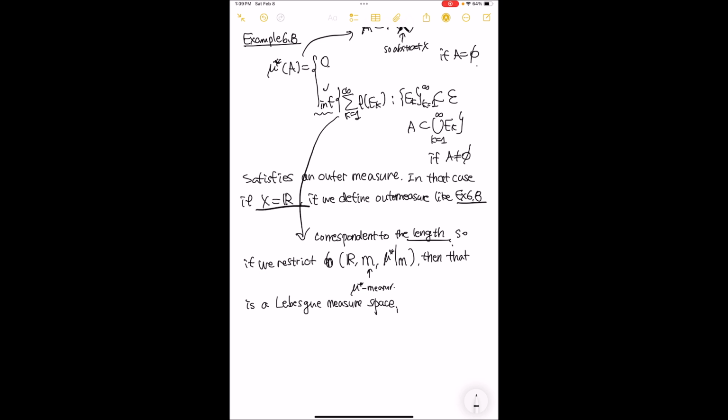Ultimately, we can consider a set function mu on an interval, defined as b minus a. You see, now it is the length of the interval.